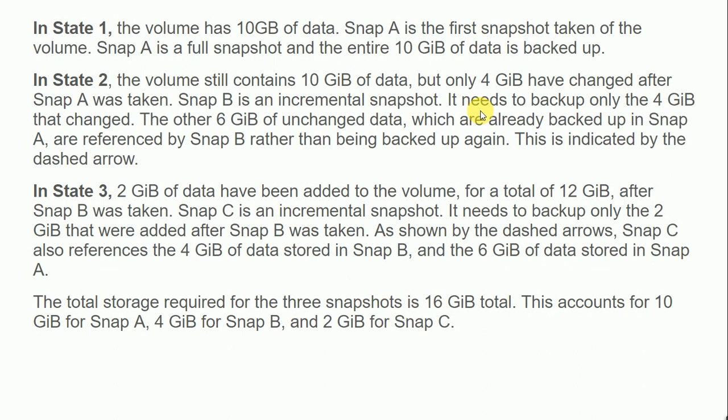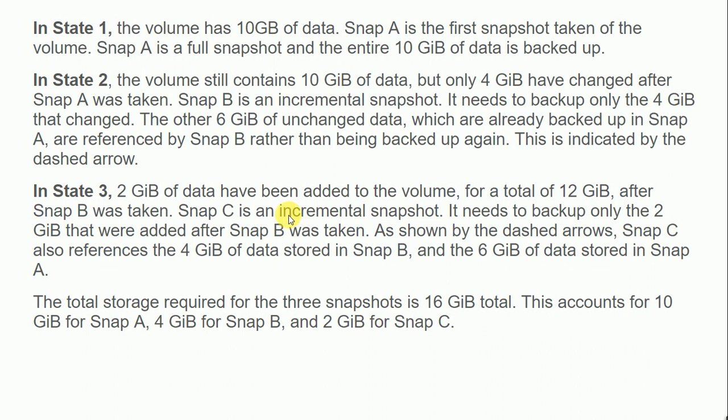The other 6 GB are unchanged, so they are referenced by snap B rather than being backed up again. This is indicated by the dashed arrow. In state 3, 2 GB has been added to the volume, making 12 GB, after B was taken. So snap C is only responsible for backing up 2 GB.